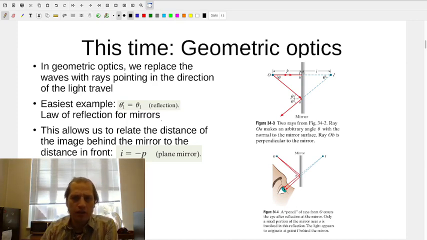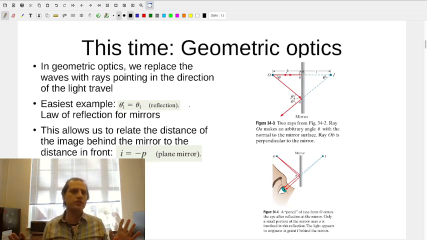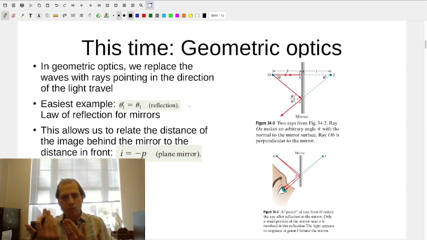We know that light is caused in some sense by waves, but in the geometric optics paradigm, we instead just think about light as going out in all different directions, and instead of thinking about the wavelengths, we just worry about the direction the light is going and the direction that it gets bent. At a mirror, we can think about this in wave terms.